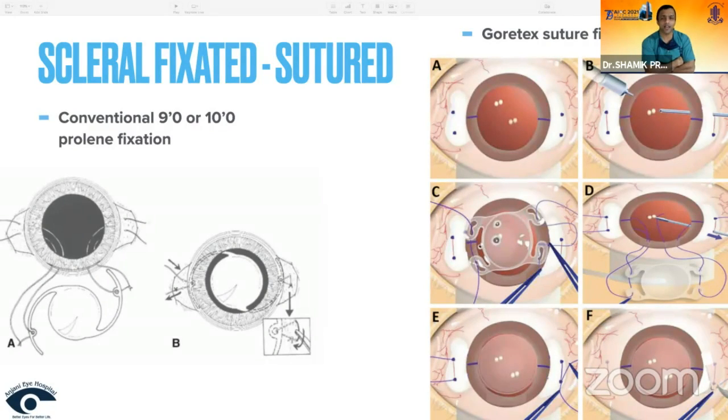Additionally, the Gore-Tex, I had presented this in the last AIOC. The Gore-Tex is a suture material which doesn't get disintegrated. It doesn't cause any tissue reaction as such. So it's a very stable suture, and the lens stays stable in the eye in the position that the natural lens is.